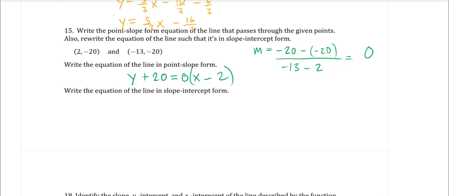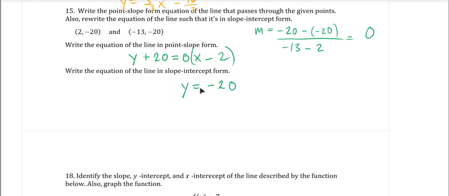And so this 0 on the outside kills this entire right-hand side. And if I just rewrite things a little bit, this will give me y equals -20, which is the constant value that we observe y being. So notice that this is slope-intercept form, right? Even though it is missing an x term because my m being 0 made this whole term go to 0.